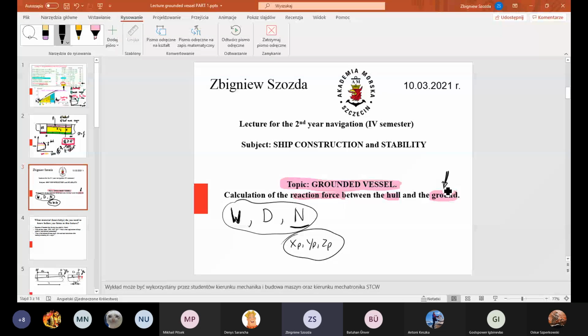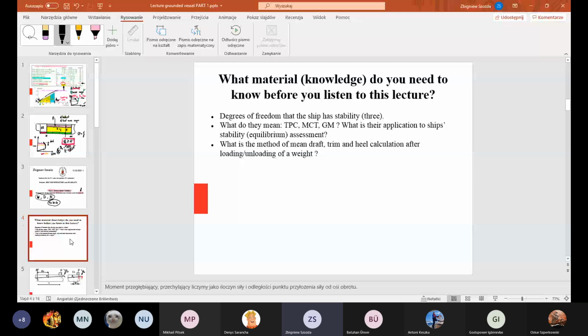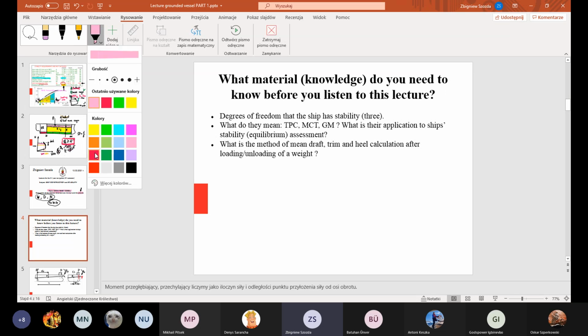Before we start the topic, I would like to make some refreshment. What knowledge do you need to know before you listen to this lecture, before we start consideration of the grounded vessel in terms of additional force acting on our ship? And I put here a list of this knowledge.